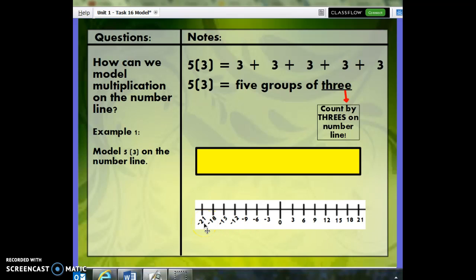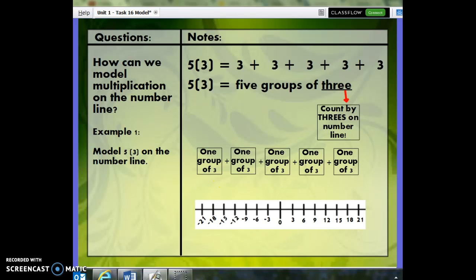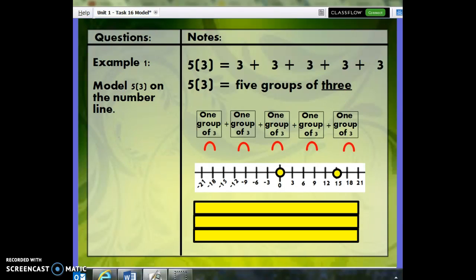Now again, let's think about what it means to have 5 groups of 3 and how we can tie that to what we already understand about the number line. Remember, each group has 3 in it. So each of those groups is like a space on the number line, the way we set it up. When you are modeling multiplication on the number line, you always start at 0.